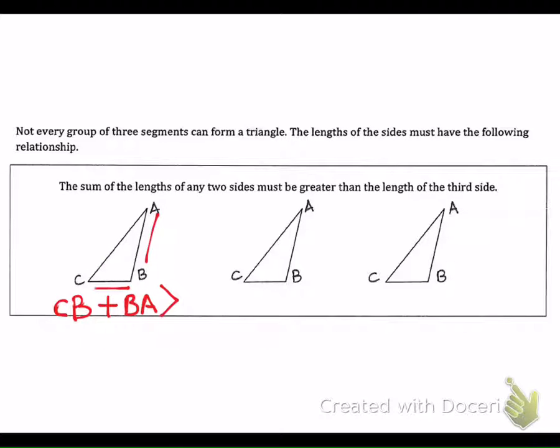That would have to be greater than the length of the third side. And all the other combinations have to work as well. So now we could add these two, CB plus CA, and that would also have to be greater than the length of the remaining side.